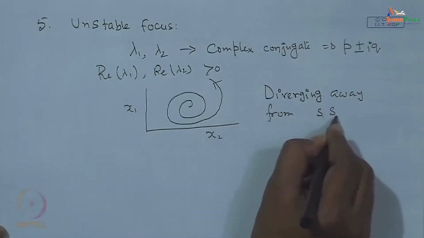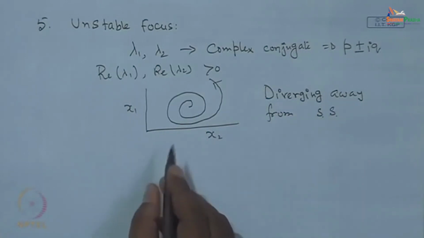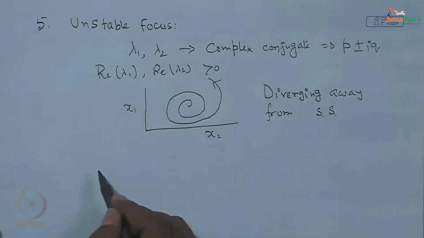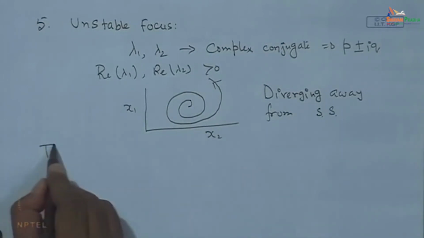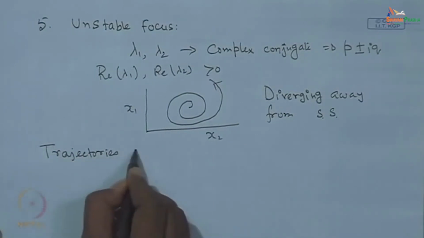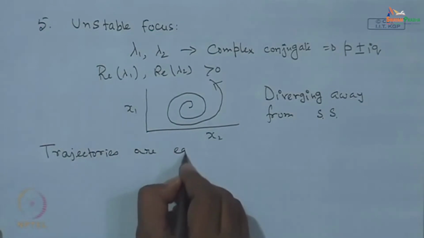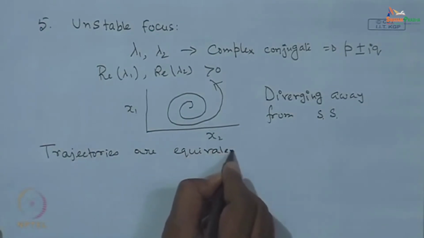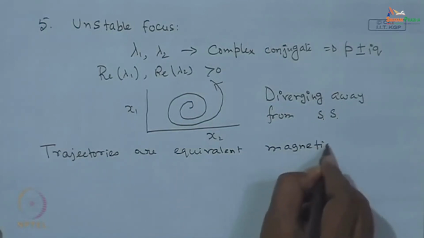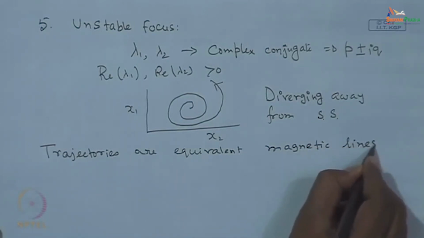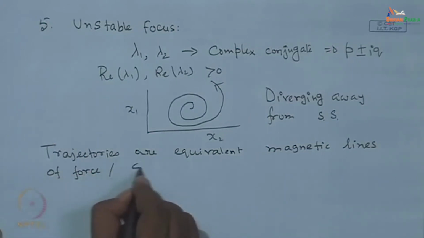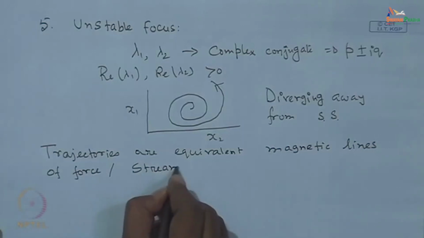Now, the trajectories we are talking about in the phase plane plot are equivalent to magnetic lines of force or the streamlines in a fluid flow.